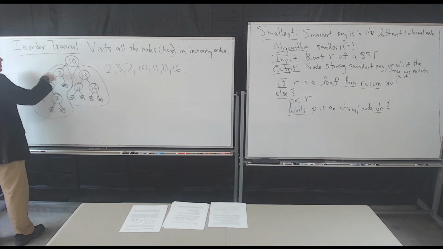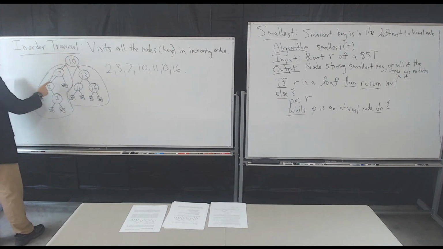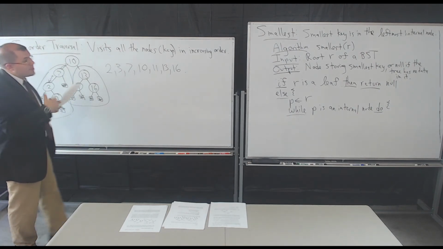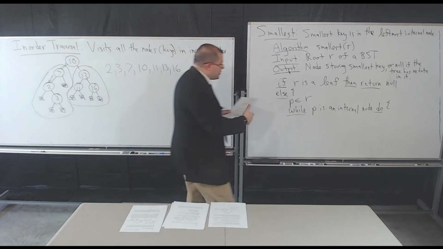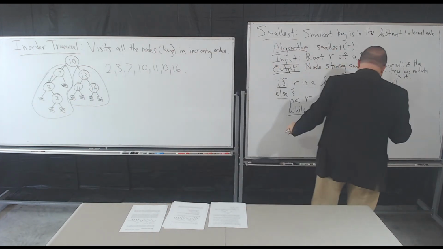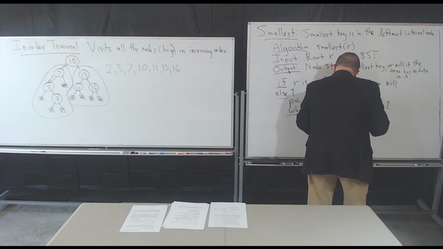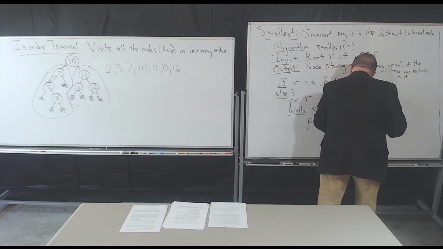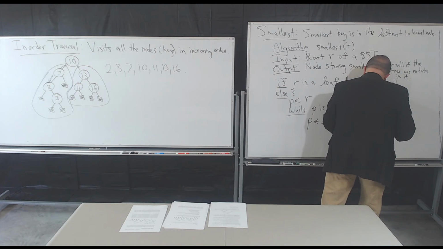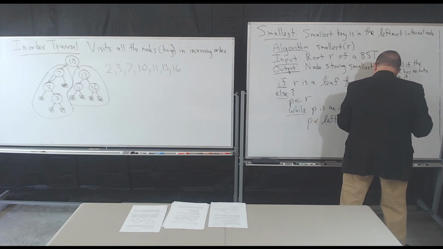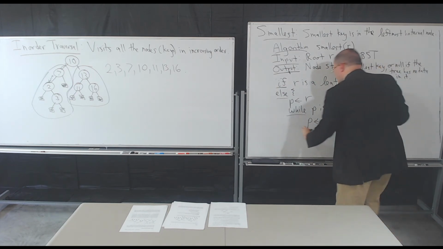So we want to make sure we don't go too far. So we want to keep going left until it's no longer an internal node, right? So every time I do this, well, I know for certain it's an internal node, I'm going to go left, okay? So p is the left child of p. So I just get the left child.